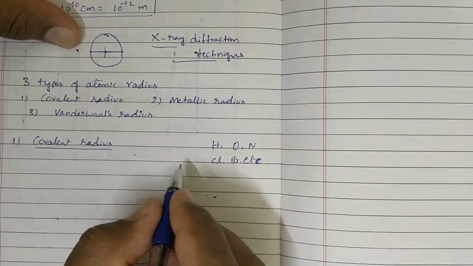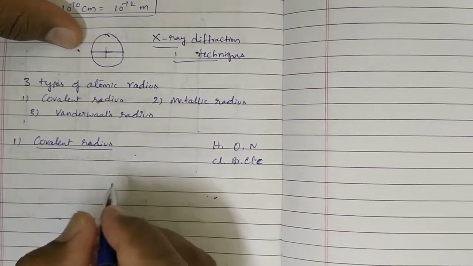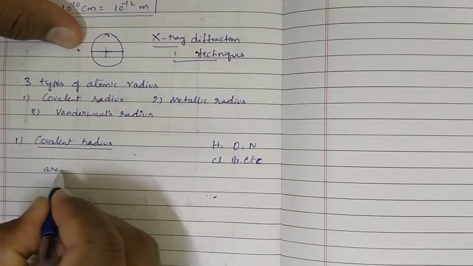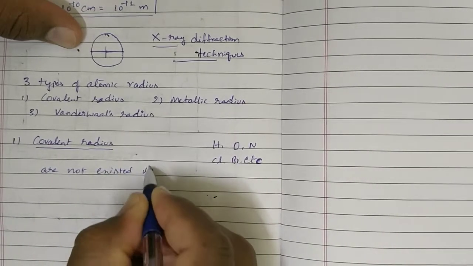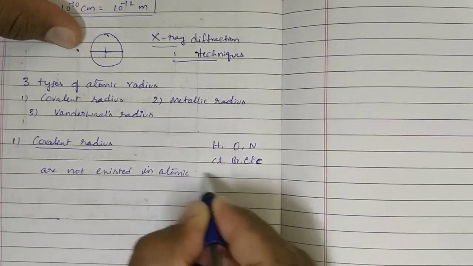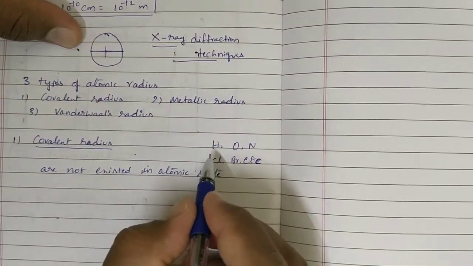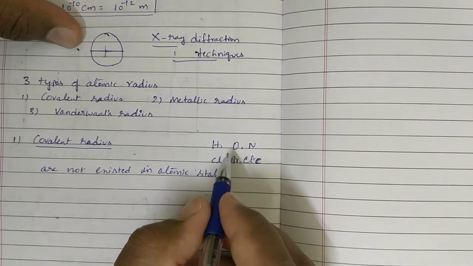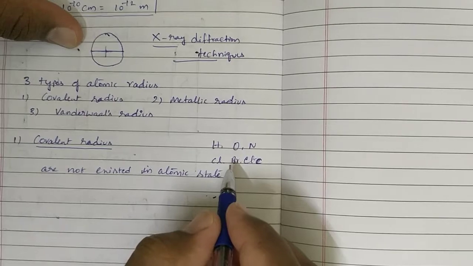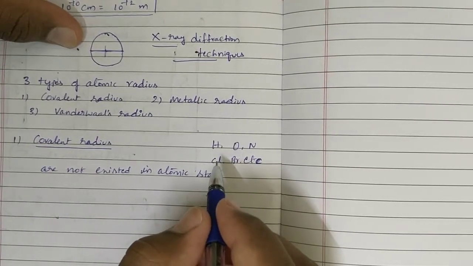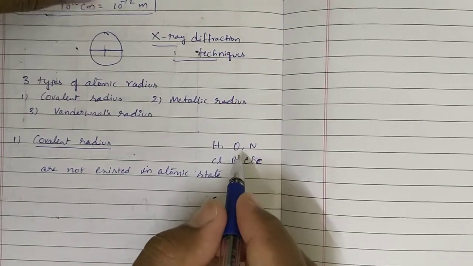Maximum of these non-metals do not exist in atomic state. H is present in the form of H2, O is present as O2, N as N2, Cl as Cl2, Br as Br2. Like that only, in our universe we cannot find separate H atoms, oxygen atoms, or nitrogen atoms.